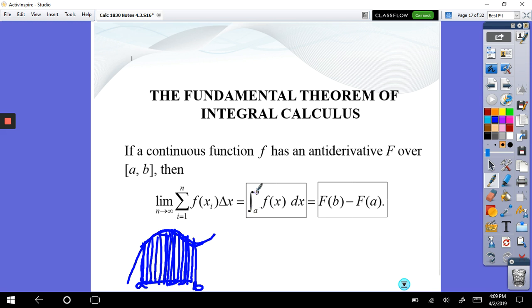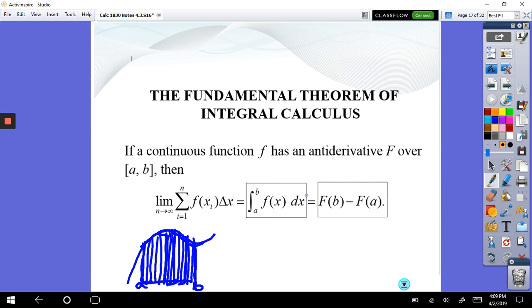So the definite integral from a to b of f of x dx equals big F of b, which is the antiderivative, minus big F of a. b is the second value in our interval, and a is the first. Plug those in, boom, just like we've been doing.